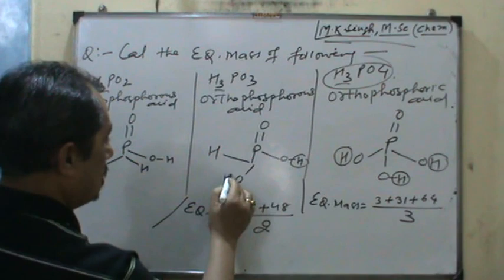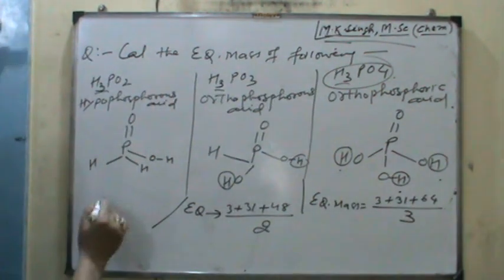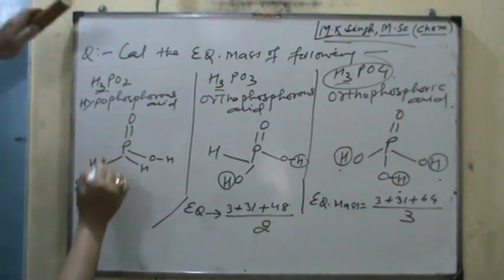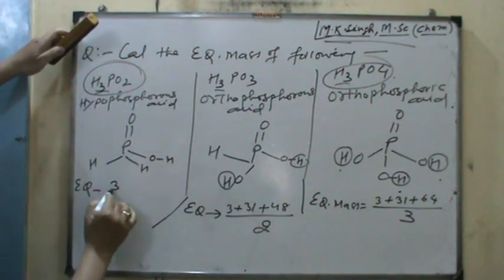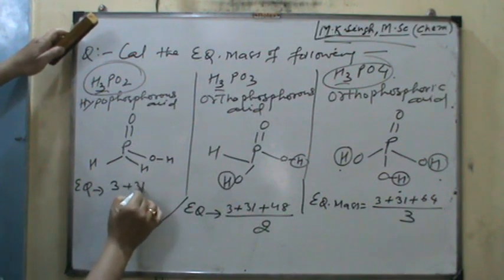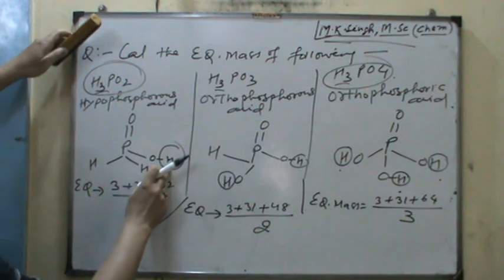So its basicity is only 2. Its basicity is 3. And my dear students, finally, this is the molar mass of H3PO2, 3 plus 31 plus 32 divided by only 1. Its basicity is 1.